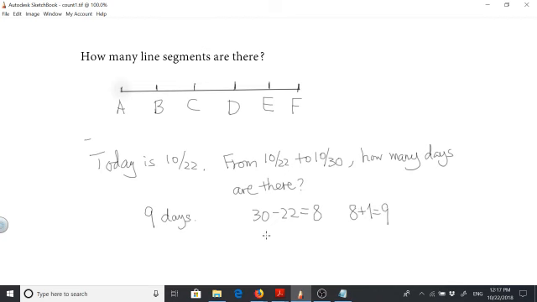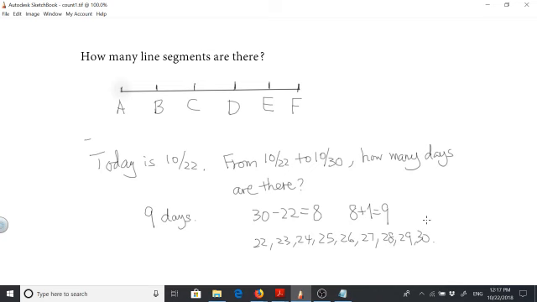And the 9 days are 22nd, 23rd, and you can count the numbers 1, 2, 3, 4, 5, 6, 7, 8, 9.